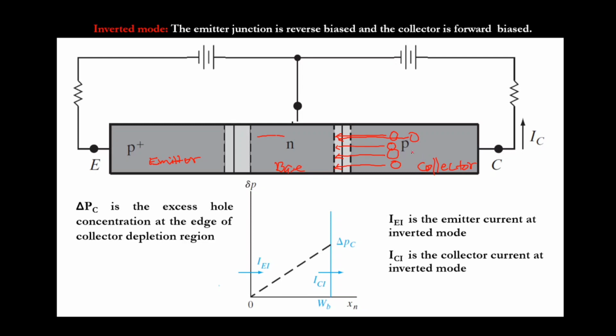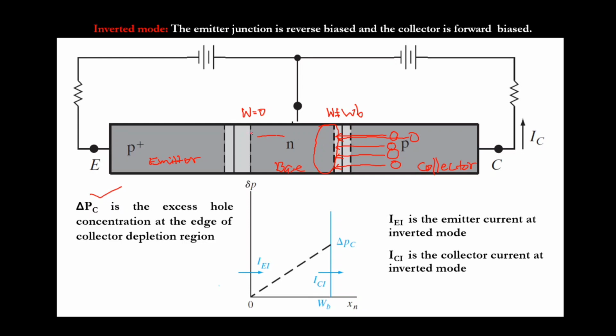Here delta PC is the excess hole concentration at the edge of the collector depletion region. Here also we can take this as W equal to 0 and this as W equal to WB. Where can we see more hole concentration? The hole concentration will be more in this area because holes are injected from the collector.